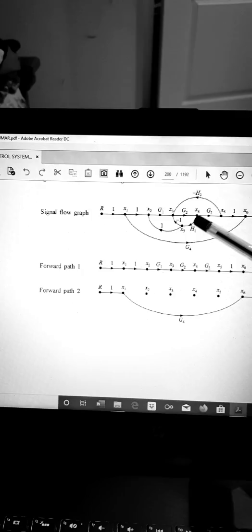So here we are starting and ending at that point. And when you are starting here, it will come here, and it will come like this. That means this is the third loop. And this is a forward path, it cannot be considered as a loop. So there are three loops only.